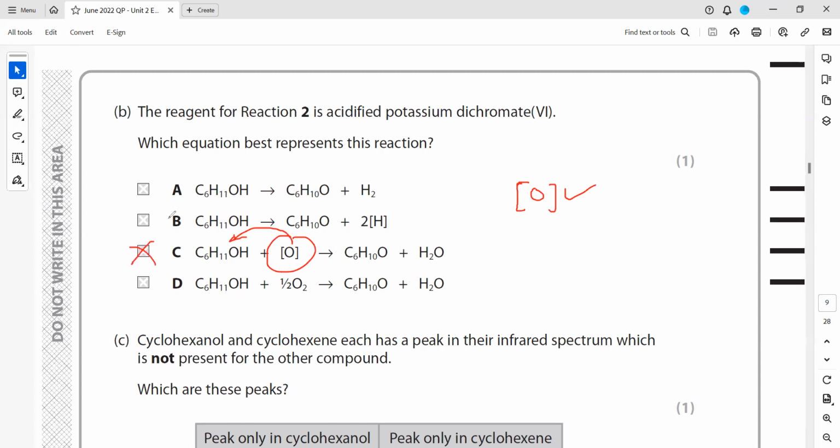That's why C is the right answer. This is also known as nascent oxygen, the oxygen which is just produced for a reaction. So potassium dichromate and potassium manganate provide this nascent oxygen for the oxidation to occur.